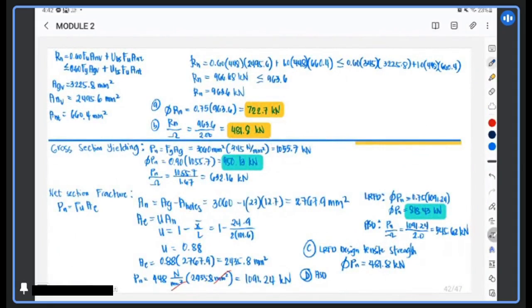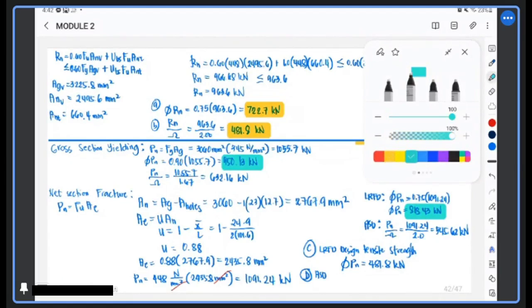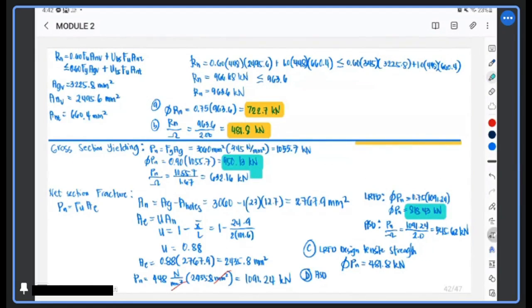Okay. The list of the 3 limit states: 632, 481, and 545.62. So it is still the same, and that is also the answer in the book. It is block shear control.